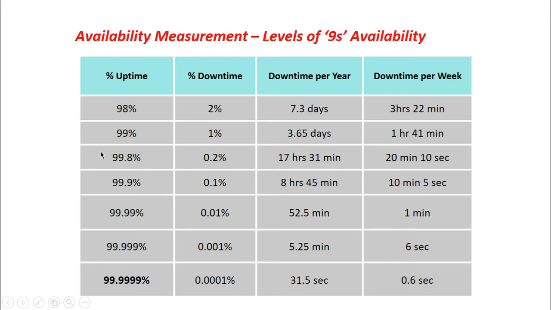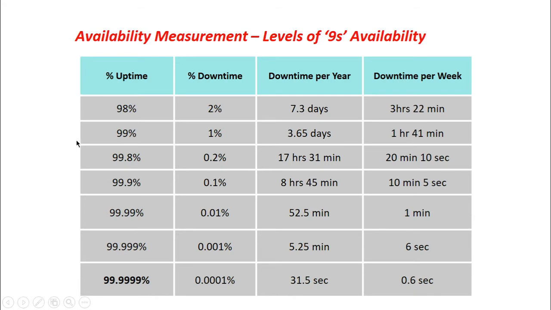So this table lists the approximate amount of downtime allowed for a service to achieve certain levels of nines availability. For example, if the system uptime is 98% and downtime is 2%, that is, the system is up 98% of the time and down 2% of the time, that indicates downtime per year is 7.3 days and downtime per week is 3 hours 22 minutes.